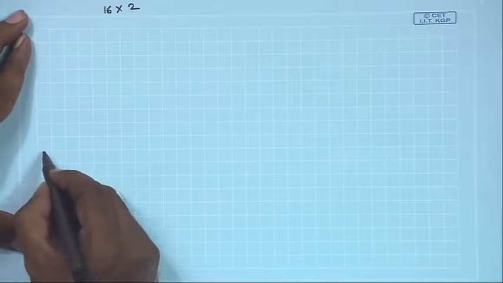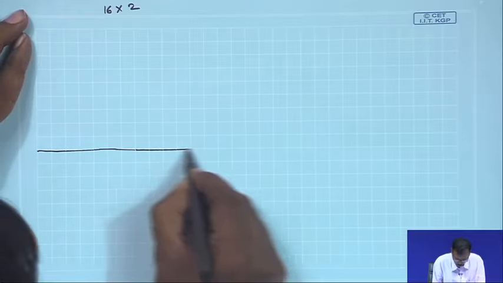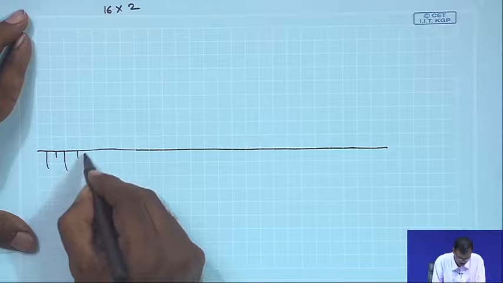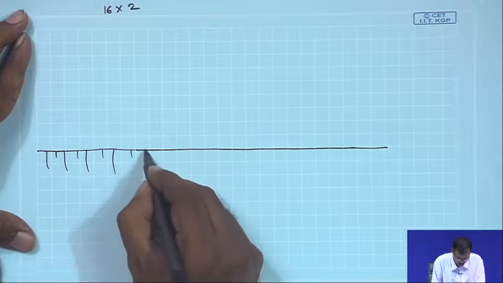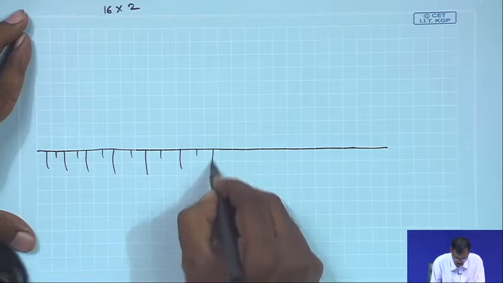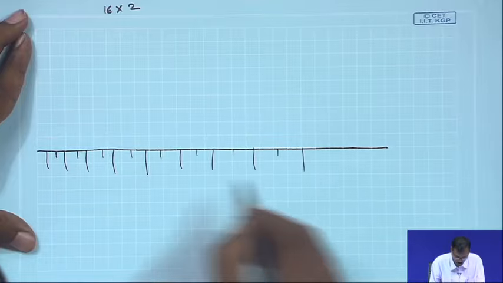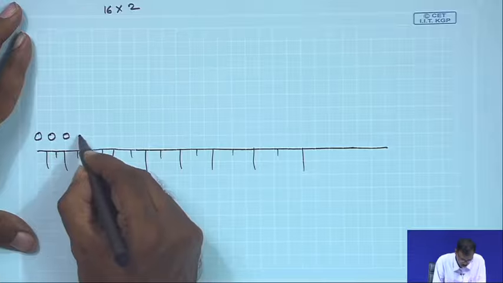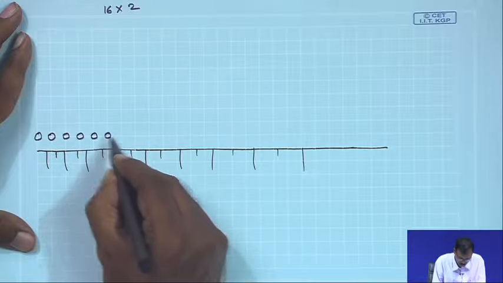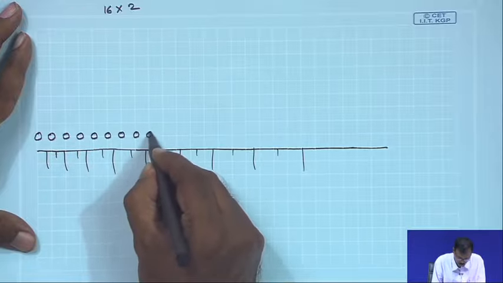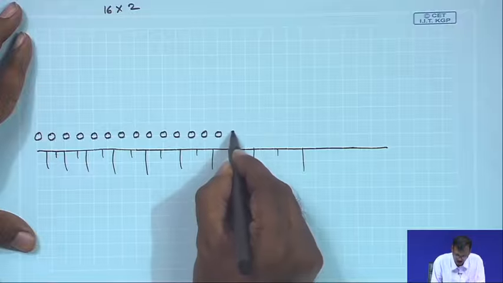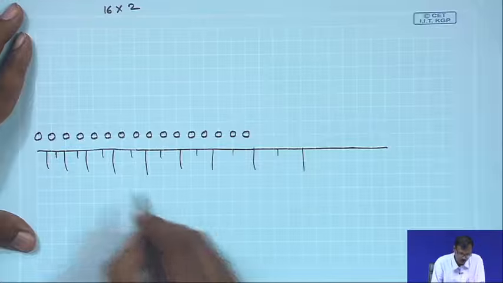So, let us consider this is the free face and these are the holes 1, 2, 3, 4, 5, 6, 7, 8, 9, 10, 11, 12, 13, 14, 15, 16 holes.